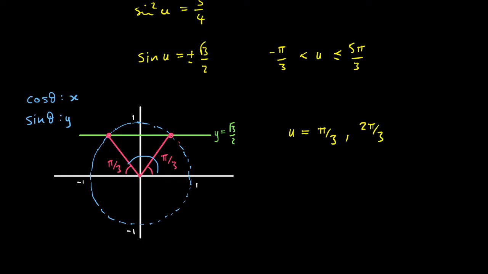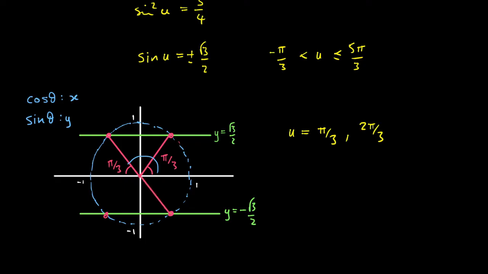All right then, we also want to find out where sine u is equal to negative root 3 upon 2. That's the same as asking where the y-coordinate is negative root 3 upon 2, so that's going to be there. That's the line y equals negative root 3 upon 2. And what we're being asked to find is that point and also that point.